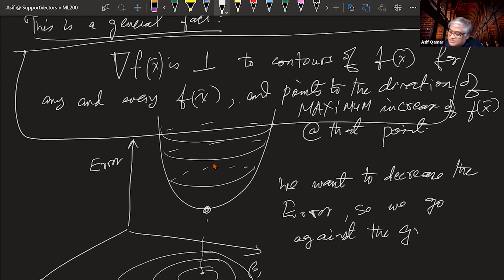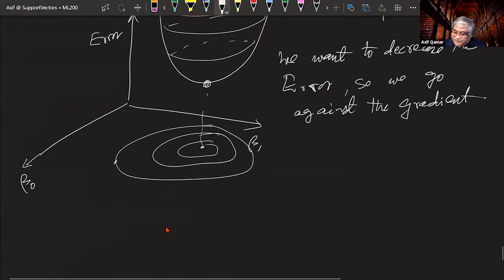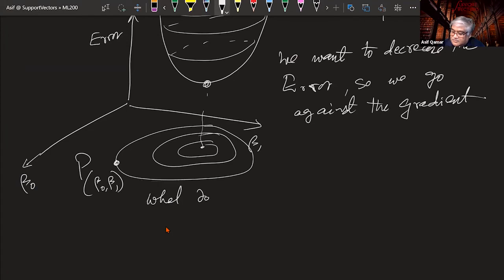So we go against the gradient, right? In other words, if you are at any given beta value here, let us say some arbitrary point given by beta naught, beta 1, and this is the perfect beta naught tilde, beta 1 tilde. You want to go here. What is the way to go there?